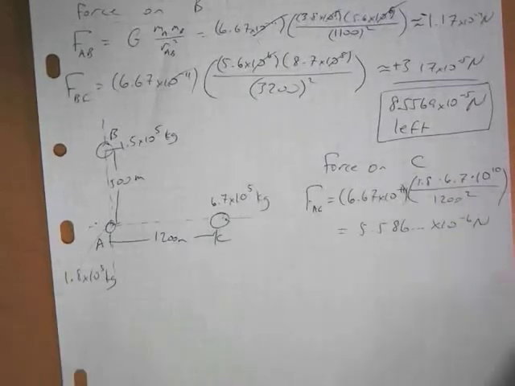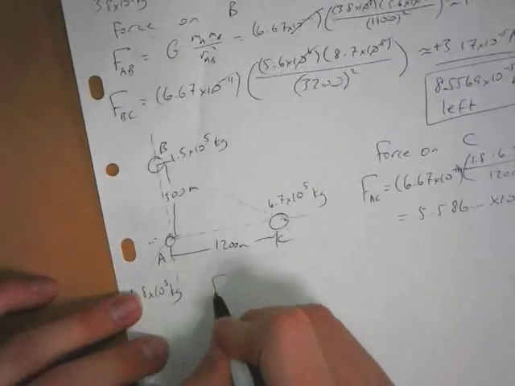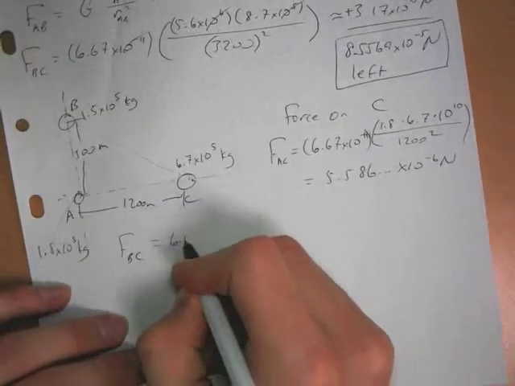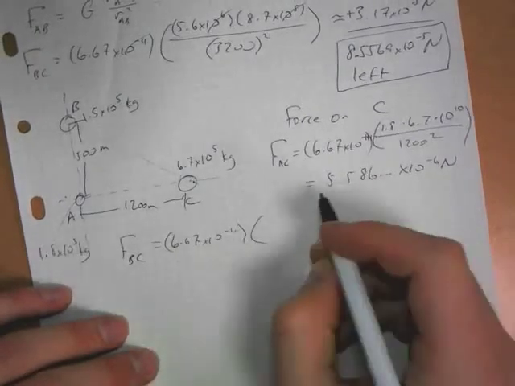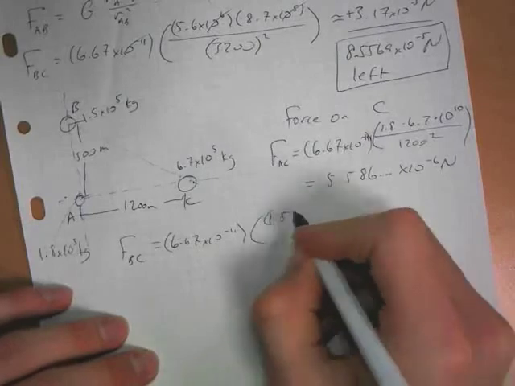I'll store that. Now, if we want to find the force between B and C, well, our magnitude, we got G times mass 1, 1.5, mass 2, 6.7.